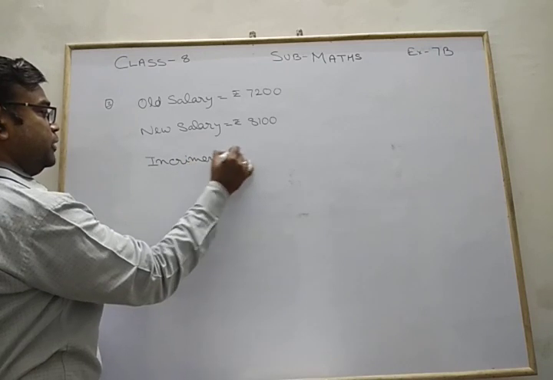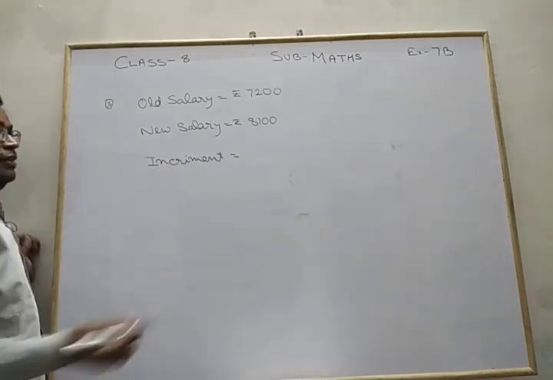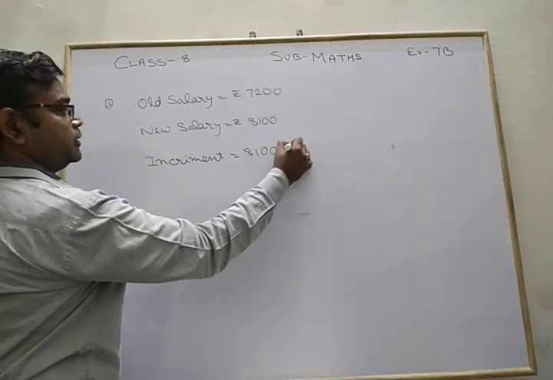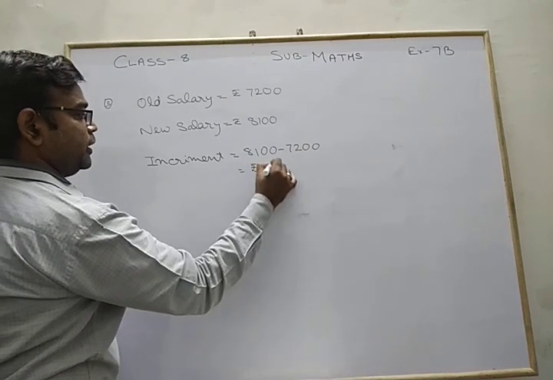When you get a job, you wait for this increment every year. It is 8,100 minus 7,200, which is rupees 900.